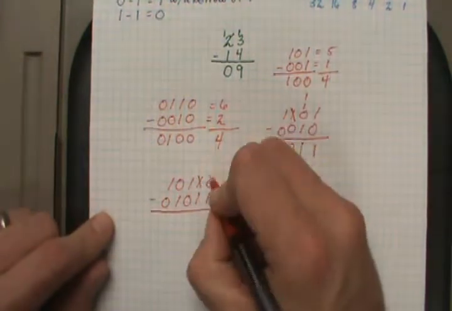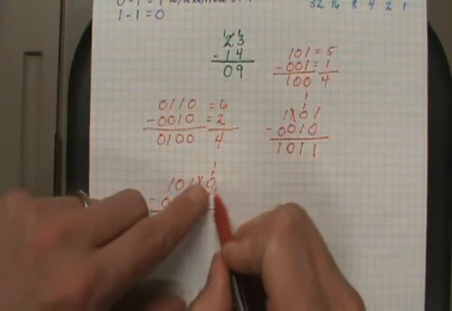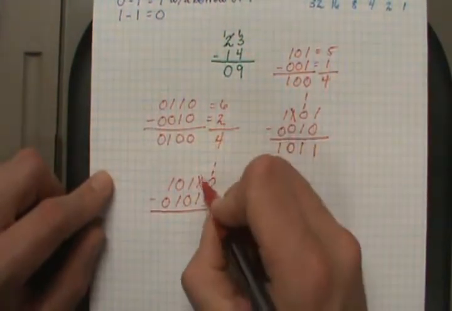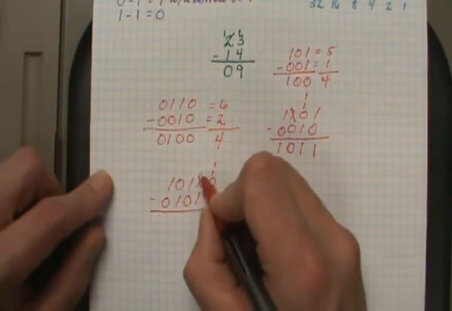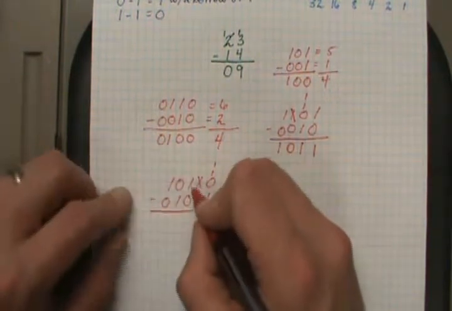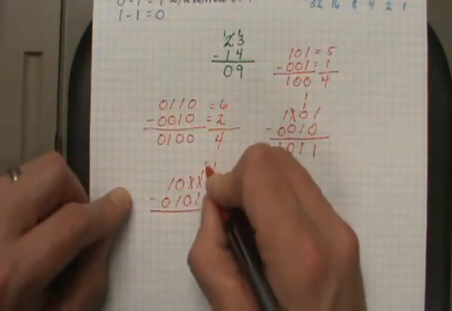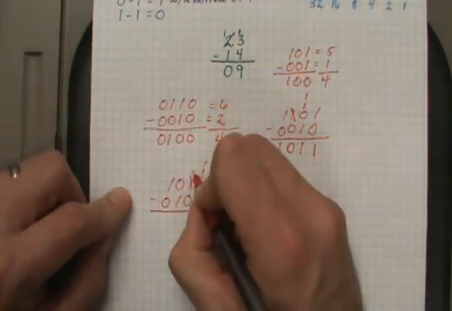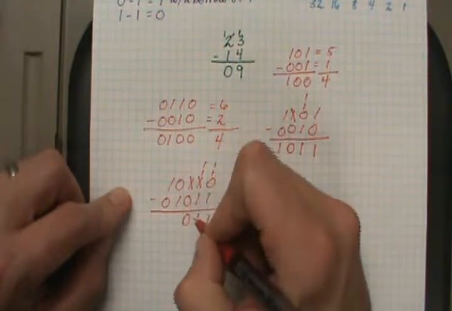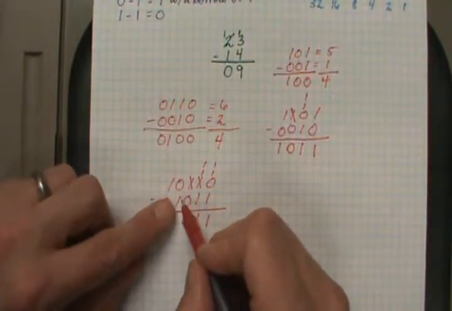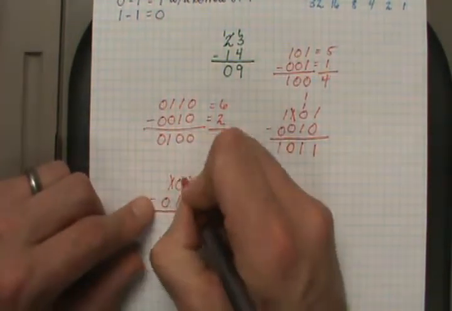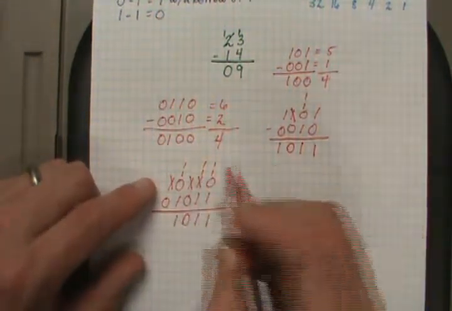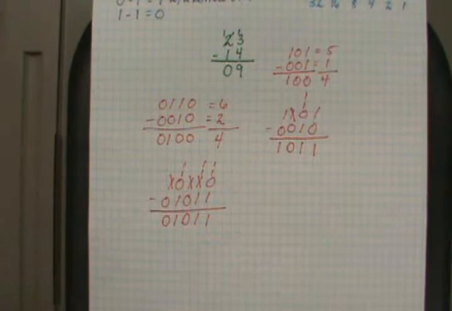So we're going to strike this one over, and we're going to populate this. 2 minus 1 equals 1. Now that this is assumed as a 0, we need to borrow to make this correct. So we're going to take from here, and we're going to add it over. 2 minus 1 equals 1. So with this being 0, we jump right back into the same scenario. We need to borrow. So 2 minus 1 equals 1, and we have zeros over here.